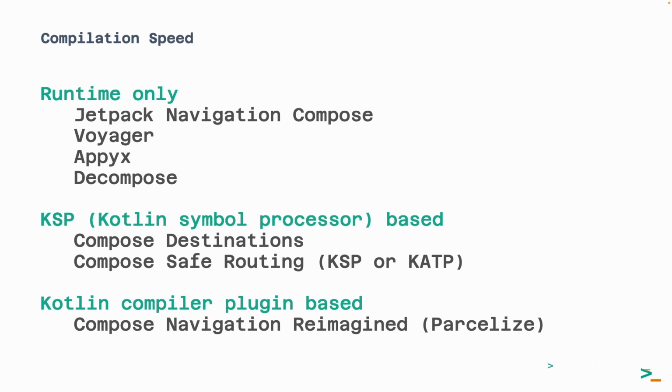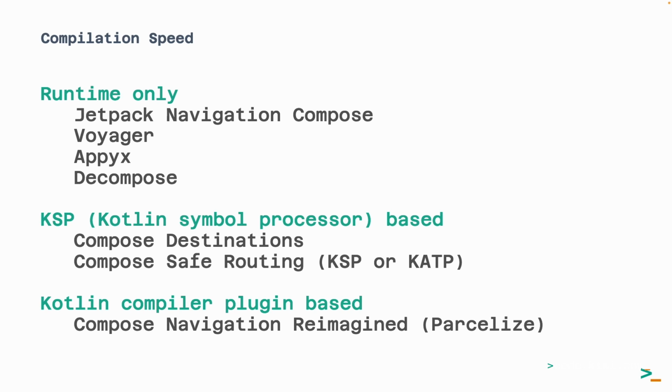Next is the compilation speed. There are other libraries doing the navigation stack for you. They can be runtime only, so basically there is no slowdown during the compilation. Those libraries may work quite well. We have the issue with the Jetpack Navigation Compose, but it doesn't mean that those other libraries are not doing this well. The Typesafe navigation libraries are extensions to the Jetpack Navigation.